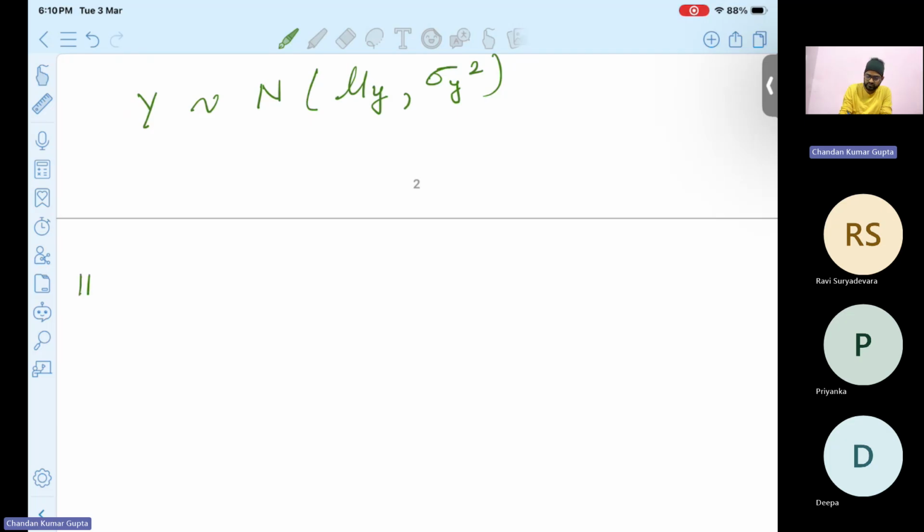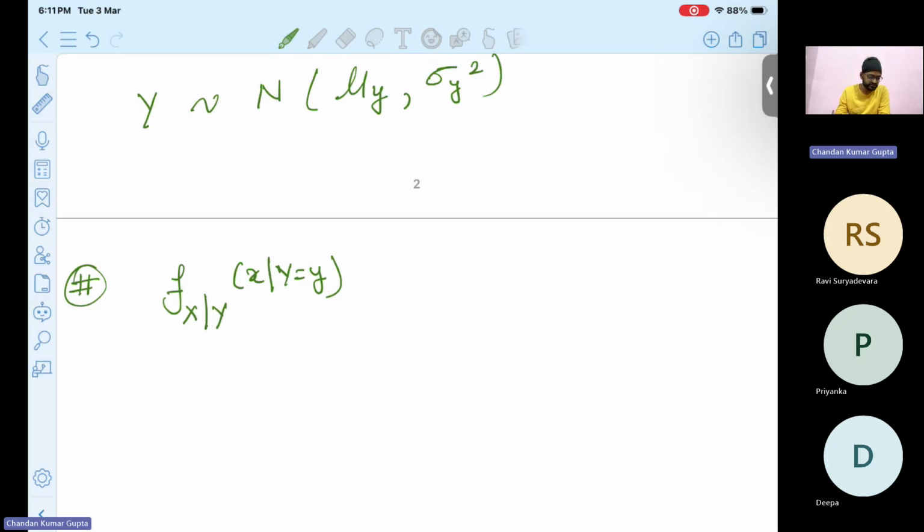Also, suppose we have a conditional distribution, f(x given y). This is the conditional distribution of x given y equal to small y.